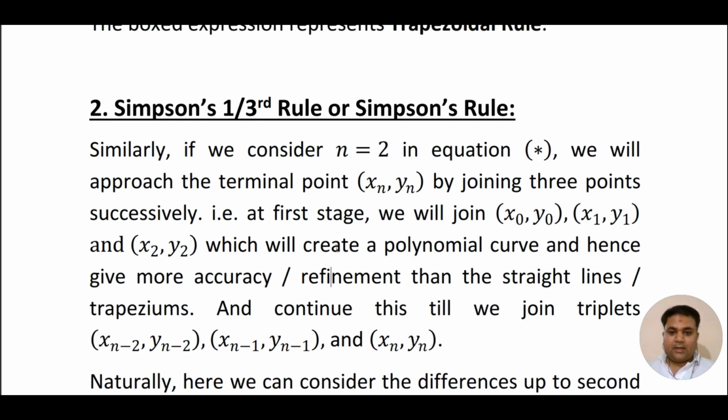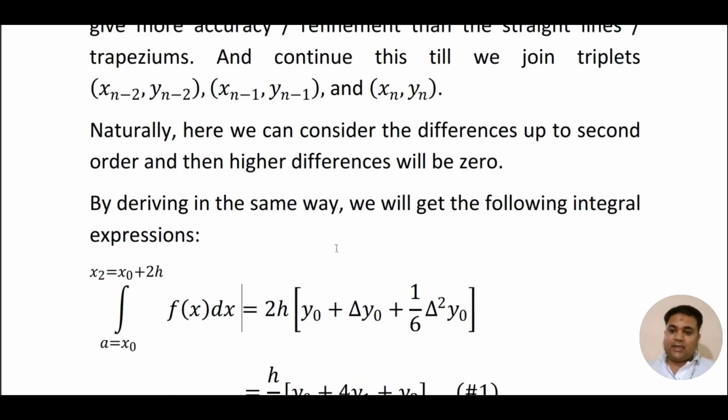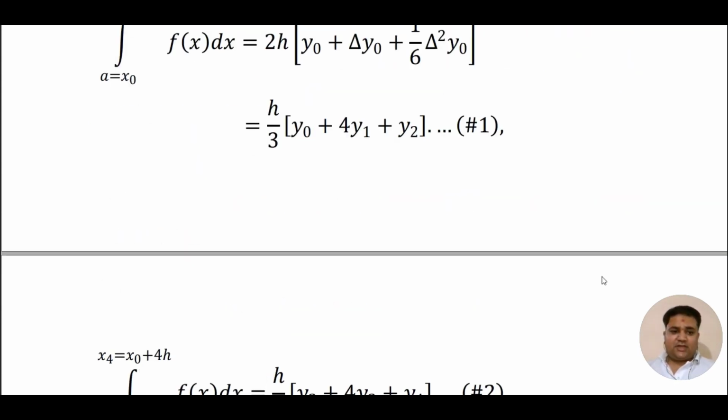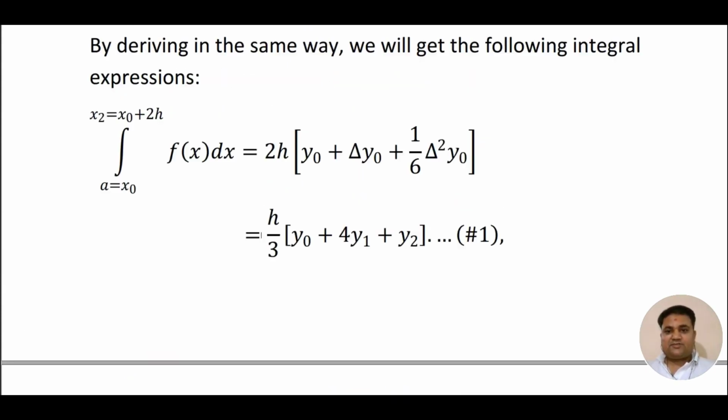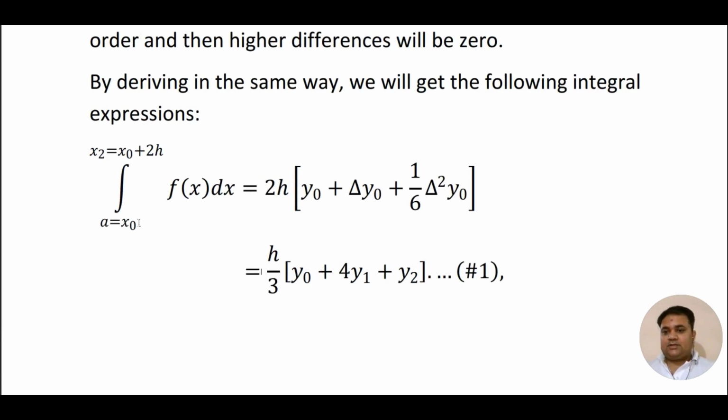So here just see how we can go further. We will derive the expression in the same fashion that we did earlier in the Newton-Cotes quadrature formula, but here the step size is 2. Our starting point is a, but the next point is x0 plus 2h, that is x2.